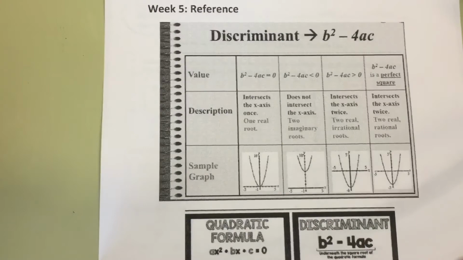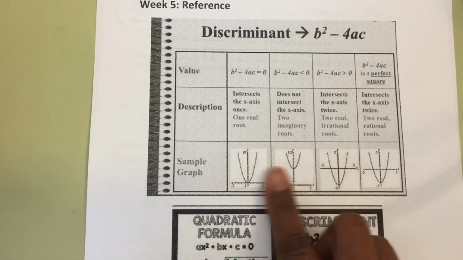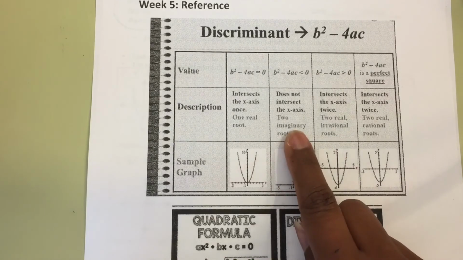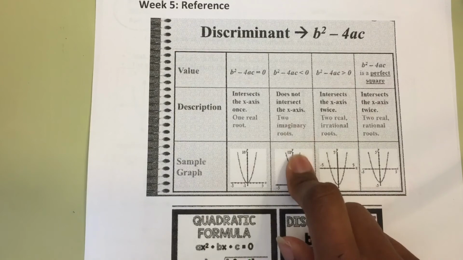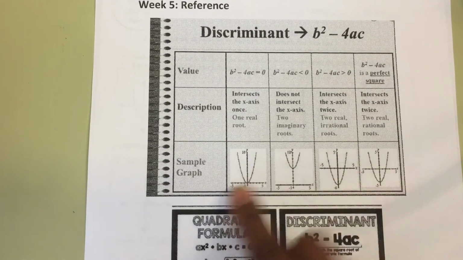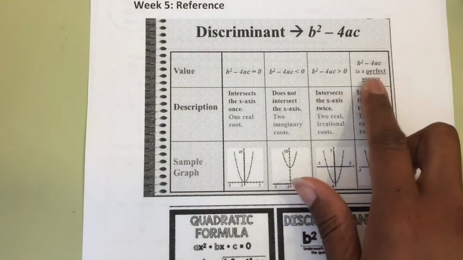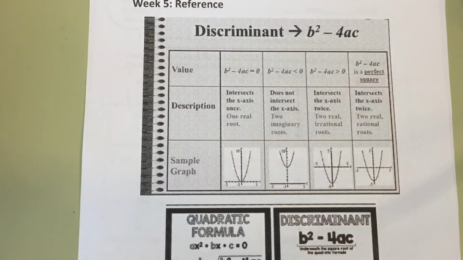There's also a reference paper that you can look at. And again, this reference paper takes it one step farther. This is what we just looked at: how many answers you have. They use the word imaginary. Again, that means no real roots. You'll learn about imaginary numbers in Algebra 2, but not yet. And then for these two, if it's greater than 0, perfect squares is the special case.